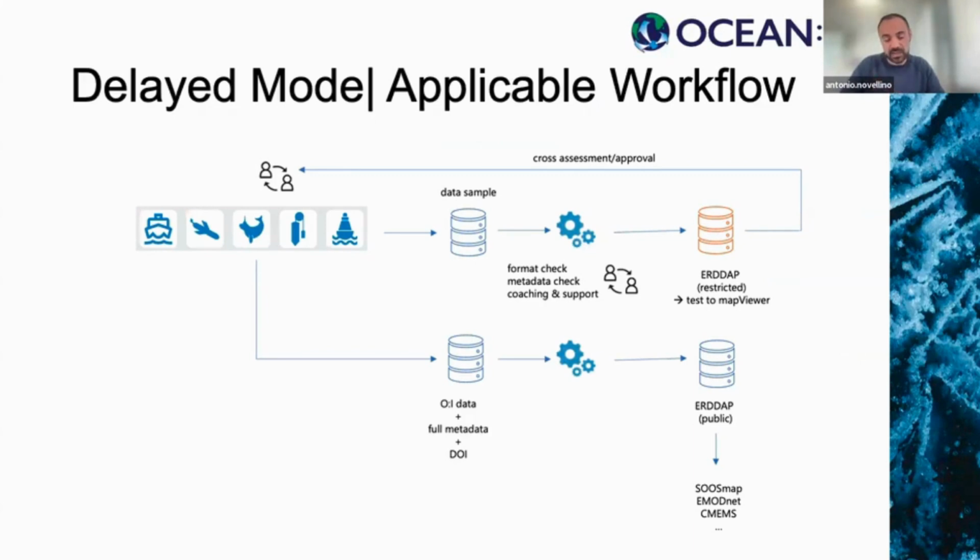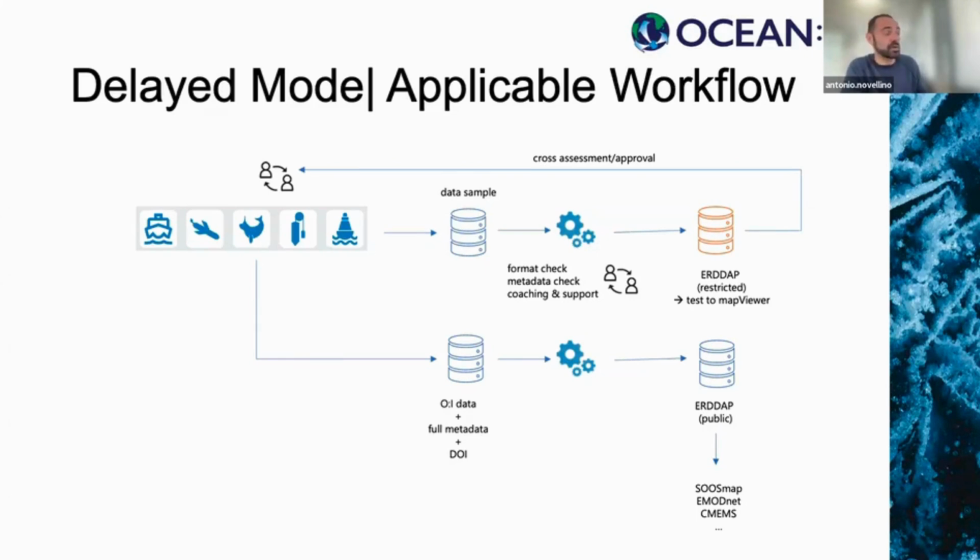In the case of delayed mode, the approach is to publish the data into a trusted repository or one of the national databases together with the DOI, because then we can use the DOI to keep track of how many people are using or accessing this data.